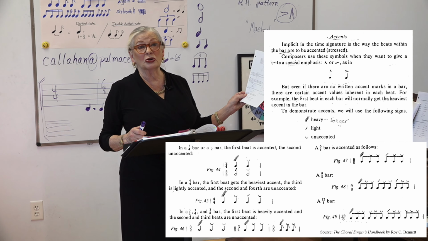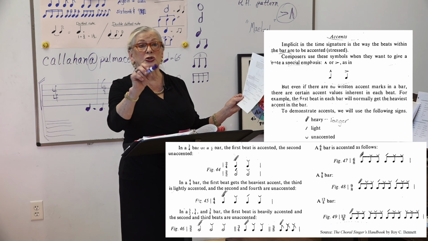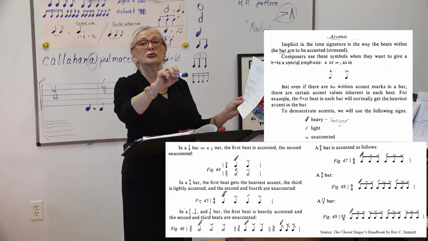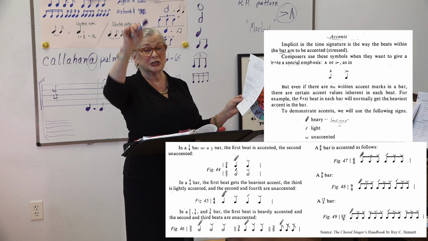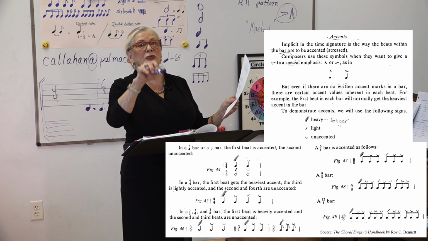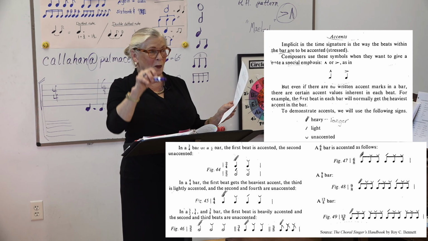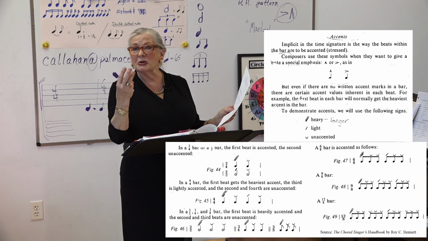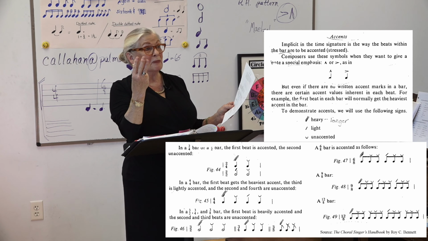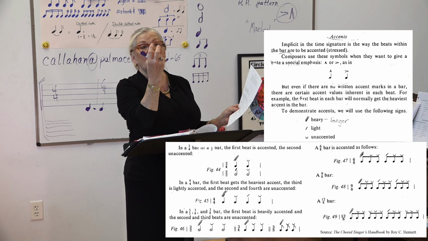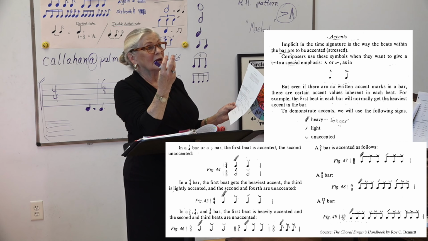If it's a slow tempo, you can go 1, 2, 3, 4, 5, 6. Even within that, you're feeling 1, 2, 3, 4, 5, 6, which means that you are subdividing the measure into 2. But the pulse, you're dividing into triplets.